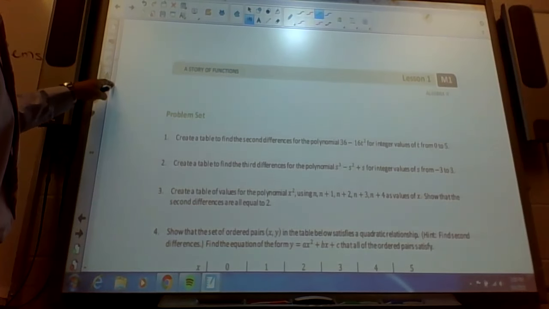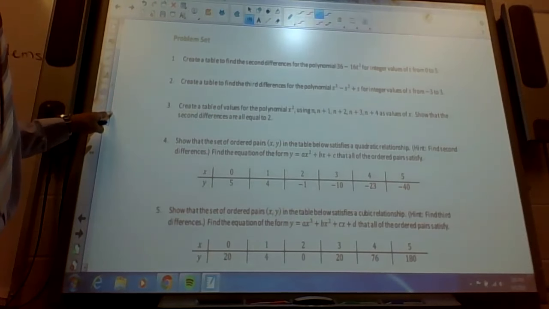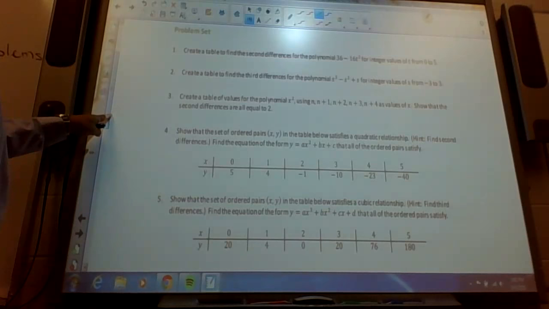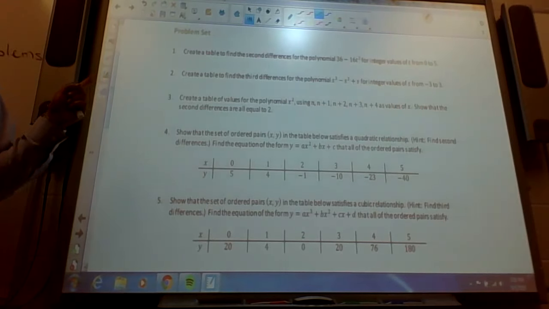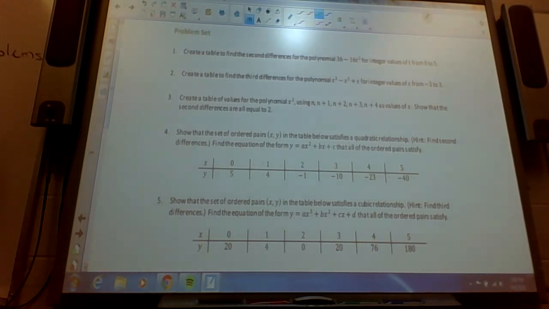I want to jump to here in case we get caught up here. Did anybody get this assignment from Mr. Erickson yesterday? No, he said do it in one. Okay. This is going to be due on Monday, so you're going to have a few days to do this.